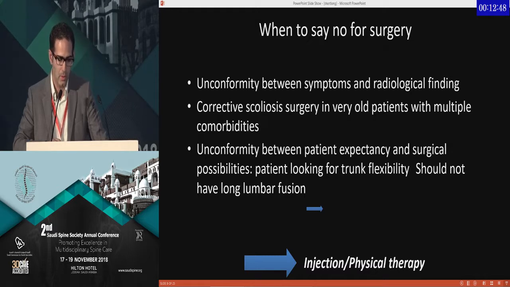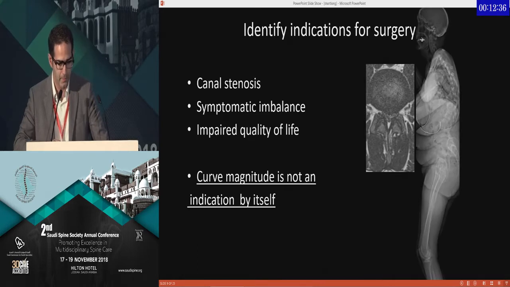So the patient wants to keep his trunk flexible, so in this case you should not do a long lumbar fusion. And in this case, you may refer him for physical therapy or injections.